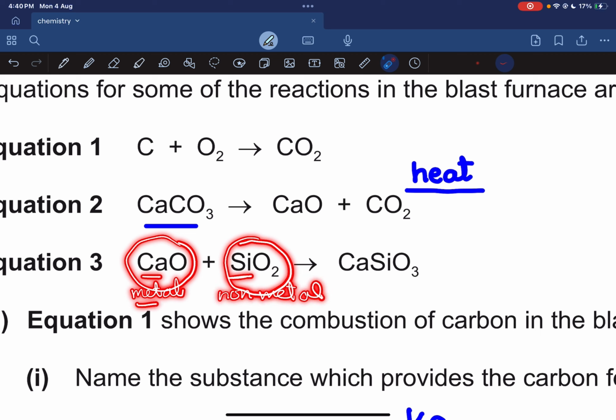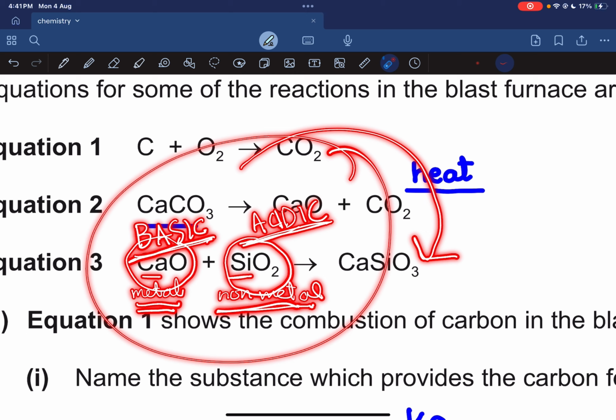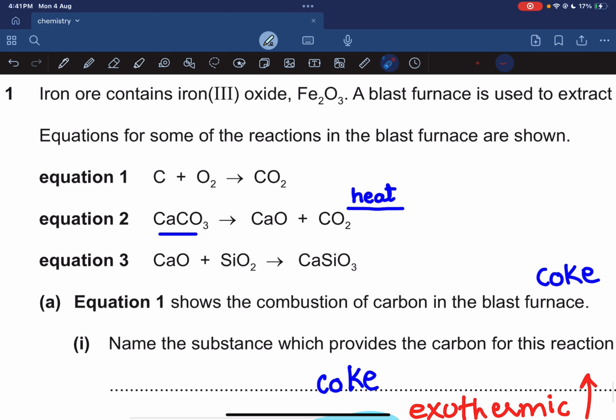When a metal oxide and a non-metal oxide react, that's going to be an acid-base reaction, because metal oxides are basic in nature, except a few that are amphoteric, but the majority are basic. Non-metallic oxides are acidic. So we have an acidic oxide and a basic oxide, and both are reacting to give us calcium silicate.